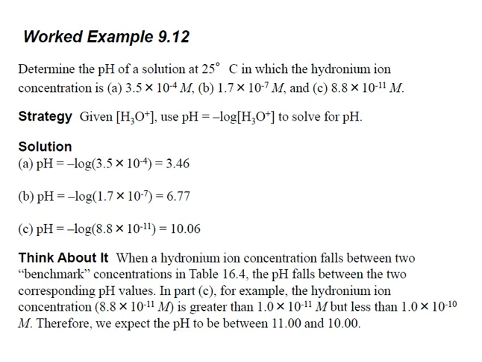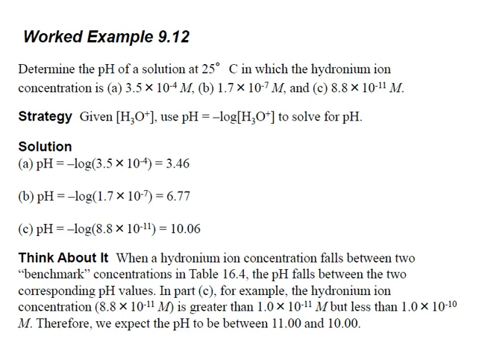Part A, pH equals negative log of that given concentration. We get 3.46. For part B, plugging that in, we get 6.77. And part C, we get 10.06. When a hydronium ion concentration falls between 2 quote-unquote benchmark concentrations in table 16.4, the pH falls between the 2 corresponding pH values.